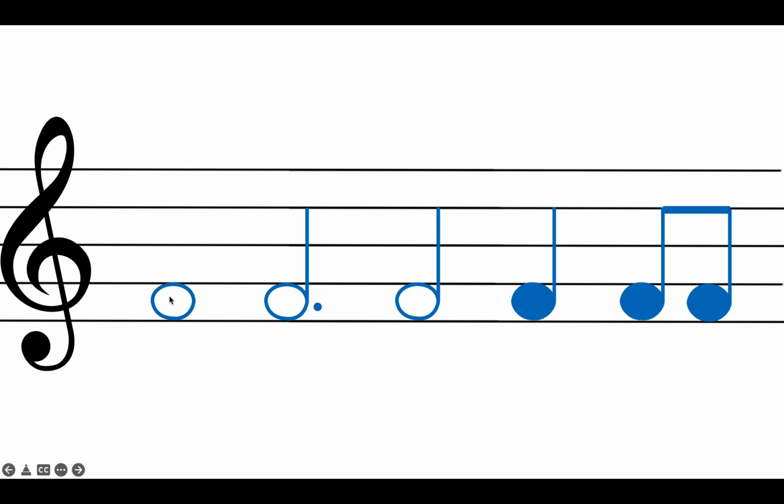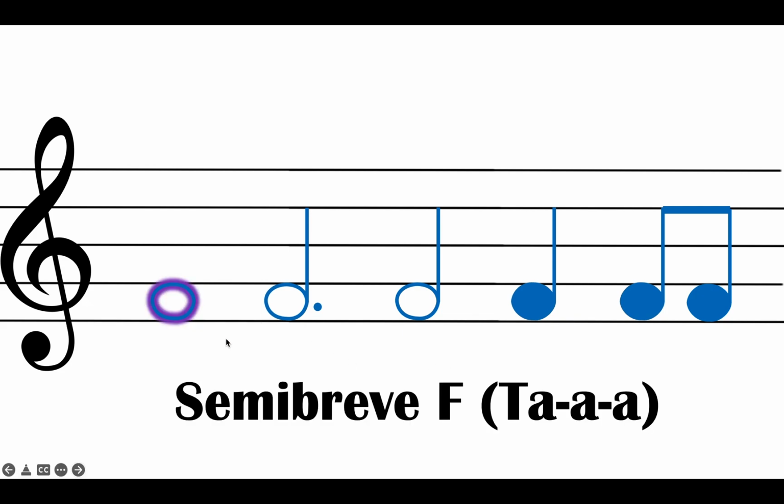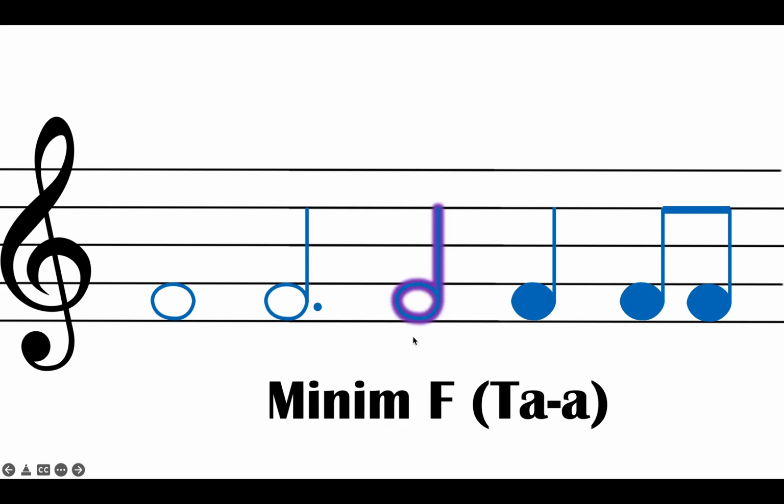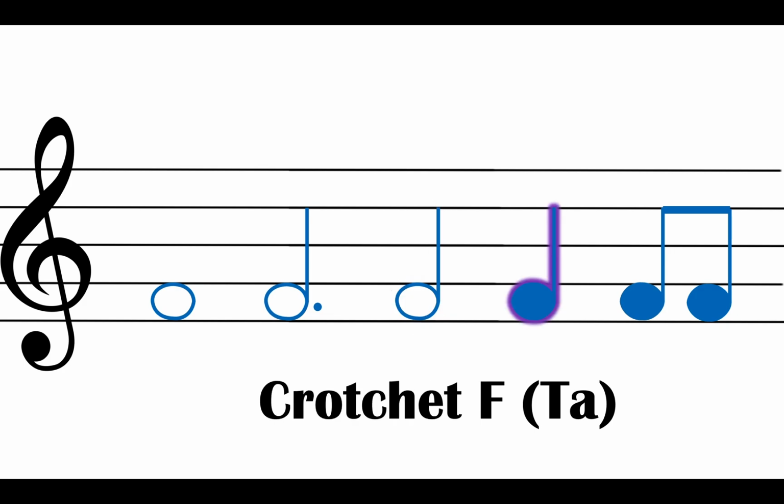Well, the first one is what we call a semibreve F. 4 counts, and it sounds like this. Second one is a dotted minim F. 3 counts. And then we have a minim F, and that's 2 counts long only. Followed by a crotchet F, 1 count.